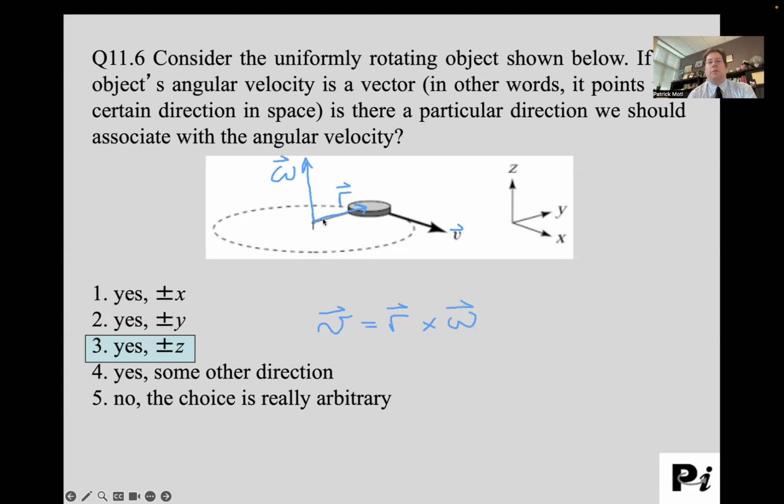So I just need a position vector going from the rotation axis to where the puck is. Then I do r cross omega anywhere around that circle.